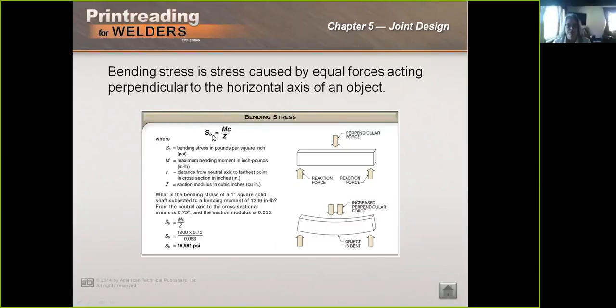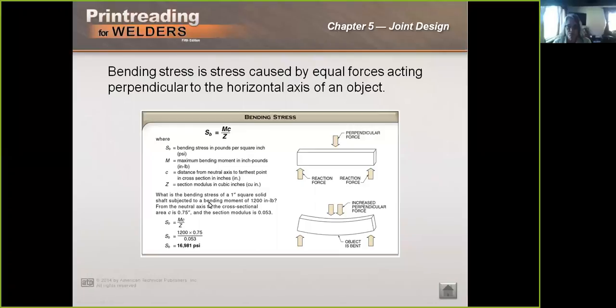So the bending stress, M, is the maximum bending moment. C is the distance from the neutral axis to the farthest point in the cross-section, that will be given to you. Z is the section modulus, and that will be given to you. So we plug all of these things in. We're told that we've got a 1 square inch solid shaft with a bending moment of 1,200 pounds.